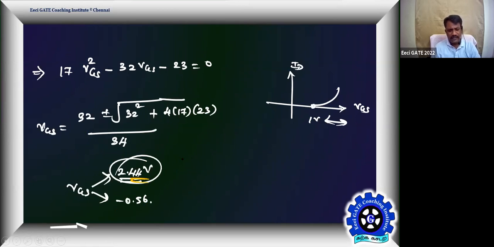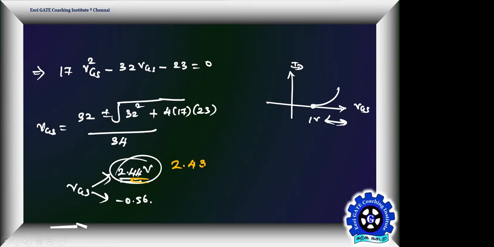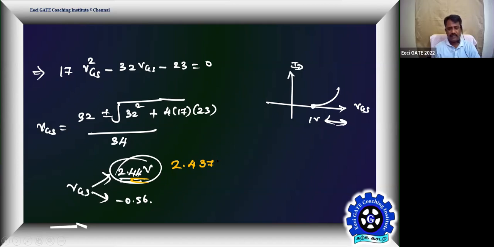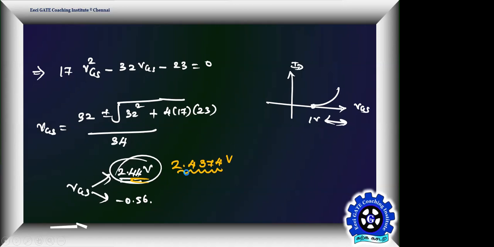Better to go for the accurate answer. 2.43 something, you said, Sweta. 2.4374, right? Yes, you have to take this voltage at least. If you take VGS equal to 2.4374, then redo it.